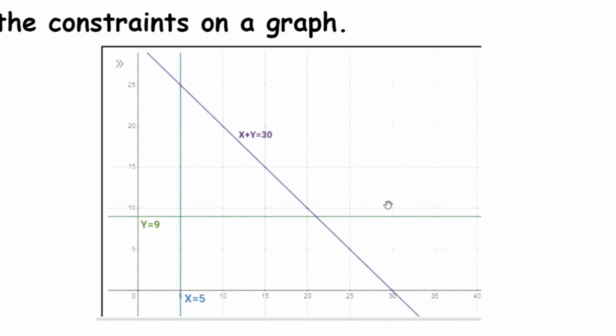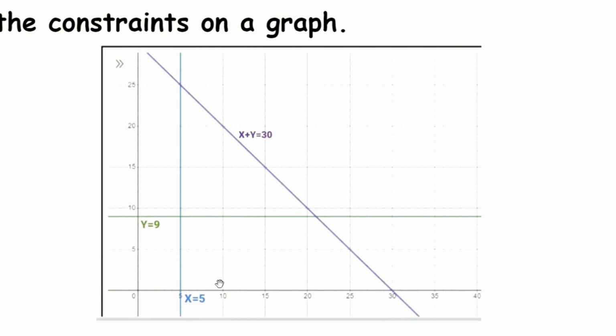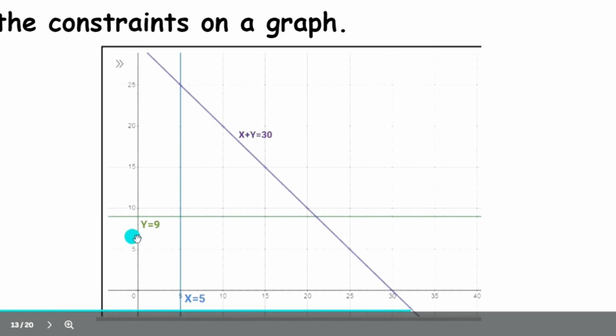So for you to be able to plot the following constraints on a Cartesian plane, you will first have to find the coordinates of the y-intercepts and x-intercepts. In the first constraint, x equals 5, its x-intercept will be 5 and 0, while there is no y-intercept.